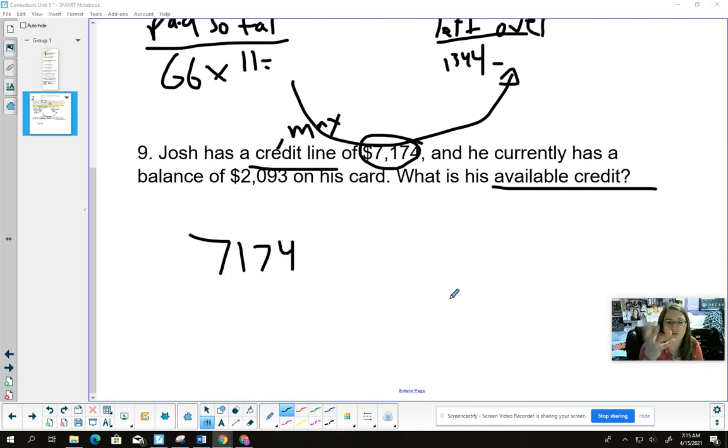That's just because I created a formula and it just like randomized numbers here. But that is the most they could put on the credit card. And this is how much they currently have on the credit card. So the difference between the two is how much more credit they could put on the credit card if they wanted to. It's literally just subtracting those two numbers.